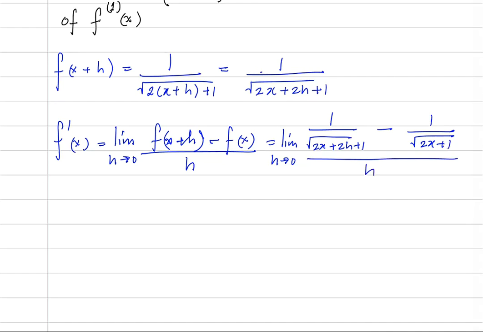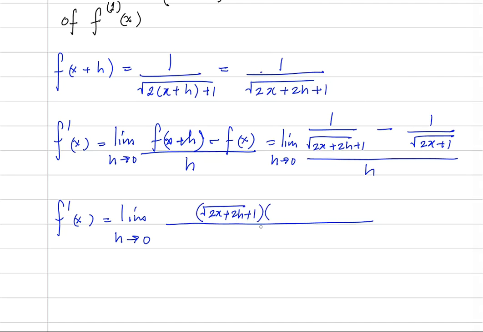All right, now we could then say that f prime of x is equal to the limit as h approaches 0. At the top, let's find the LCM. The LCM would be the root of 2x plus 2h plus 1 multiplied by the root of 2x plus 1.